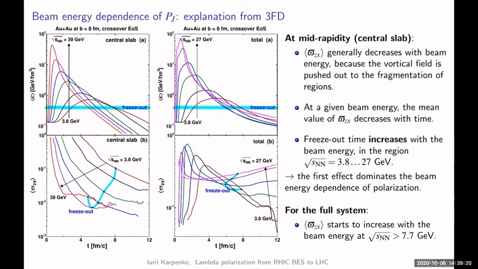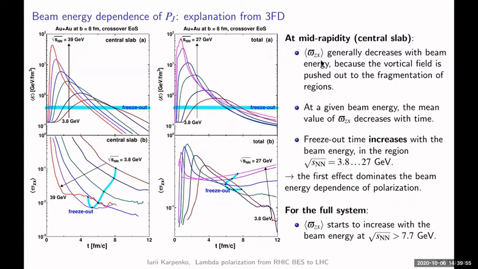So the points are the following: overall, the component omega_zx, so the component of vorticity which is responsible for the global polarization, generally decreases with beam energy because this vortical field is kind of pushed out to the fragmentation regions. So it is pushed out to regions of higher rapidity.